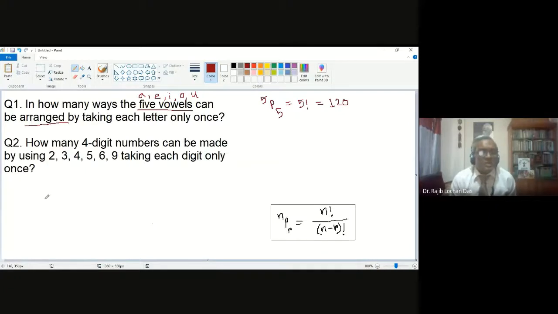The second answer: there are 1, 2, 3, 4, 5, 6 digits, and you will take 4 digits. So from 6 you will take 4. So 6P4.